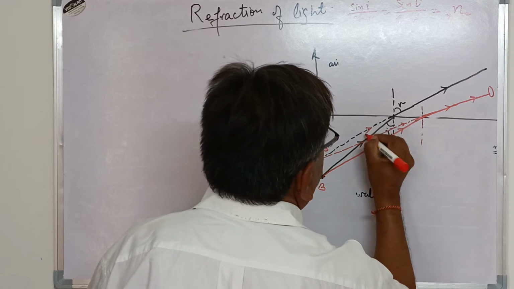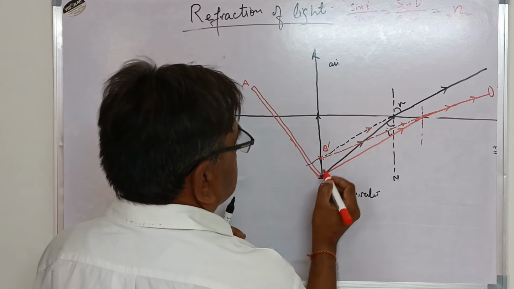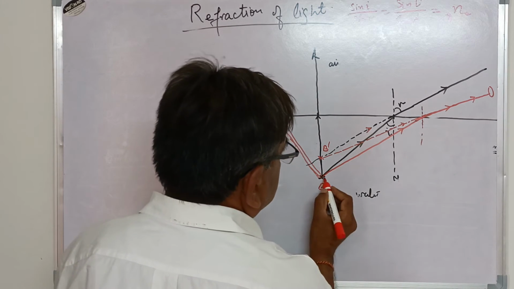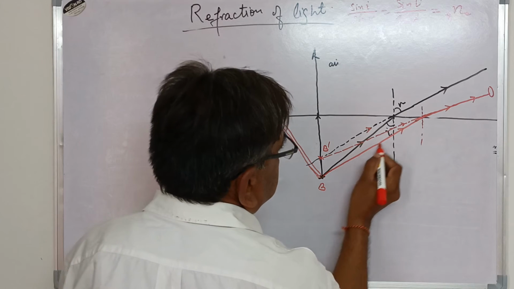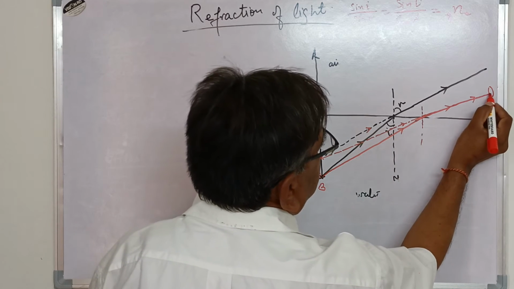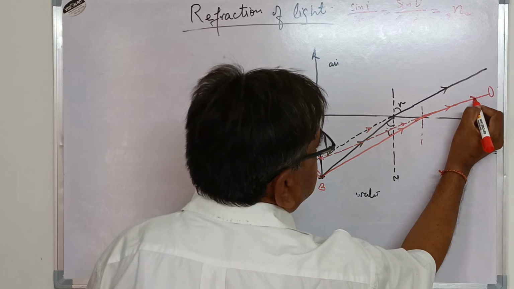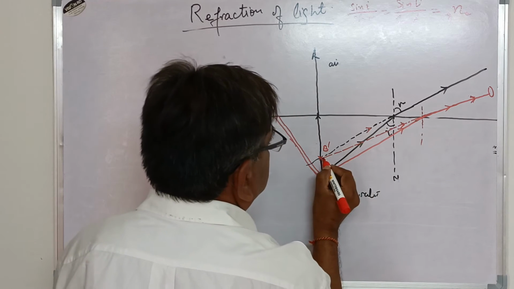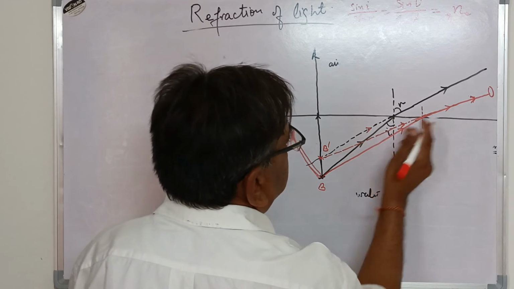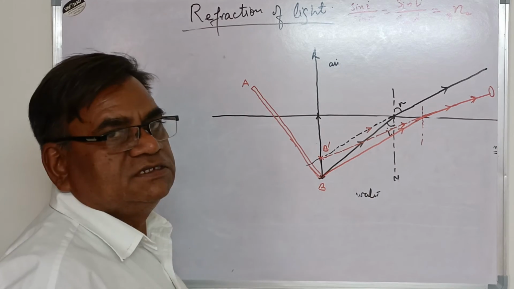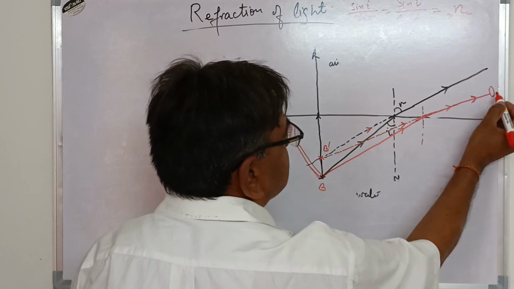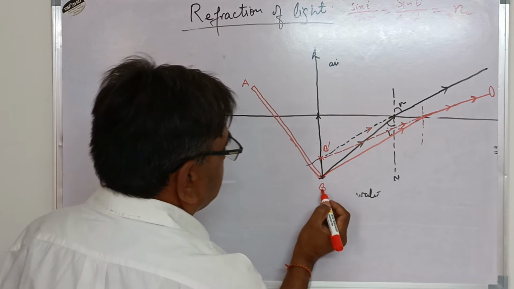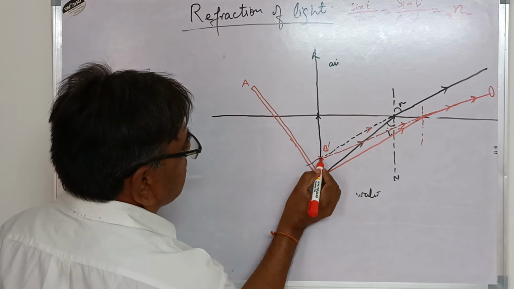Actually the path of the ray is this, but you will visualize it as coming along this line, because light travels in a straight line. So when you see that light coming from this point, the image of point B will be here.